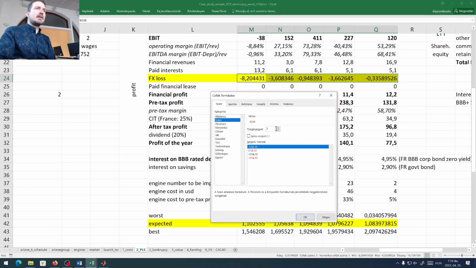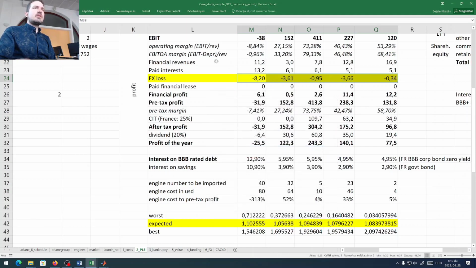Okay, let's make it nice. So we can see, does it have a significant impact that we deviated from the 1-to-1 exchange rate? Not that terrible.